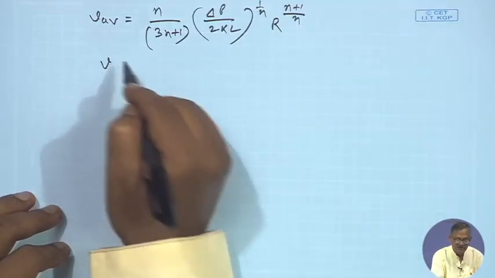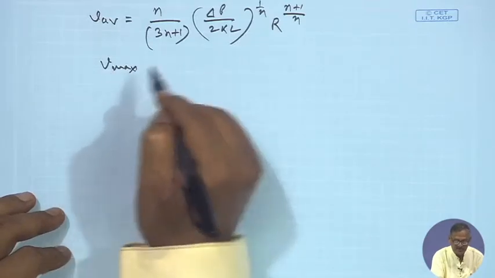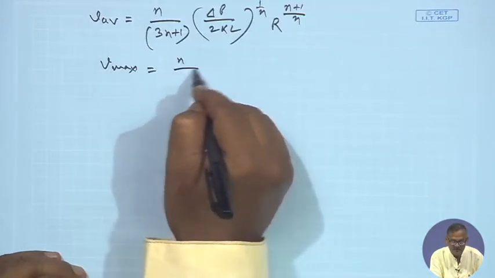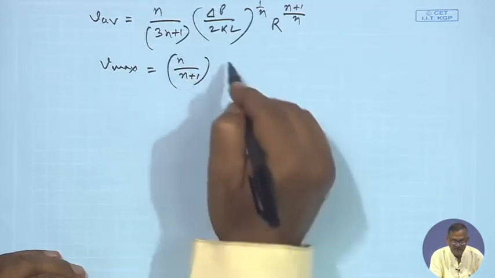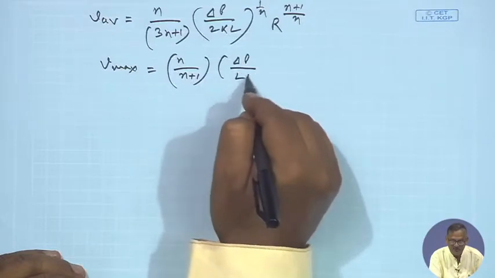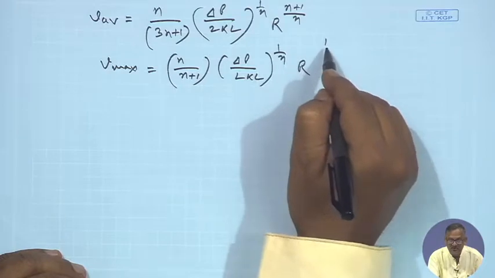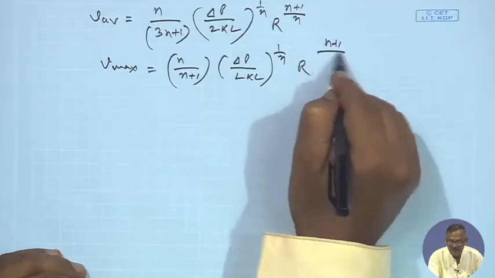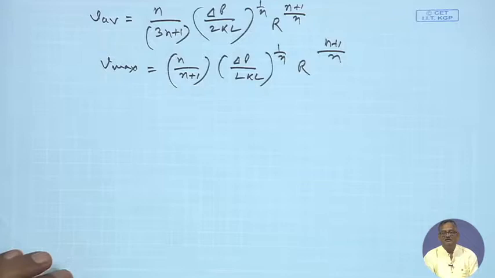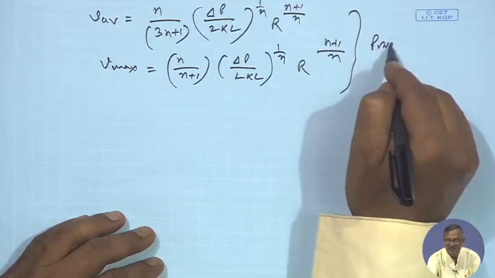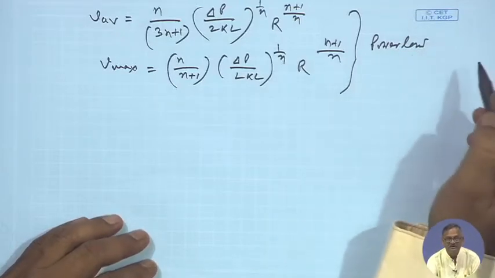Also we saw V max, which was equal to n by n plus 1 into (delta p by 2 k L) to the power 1 by n, and r to the power n plus 1 by n, right. This is true for any fluid following the power law equation, right.